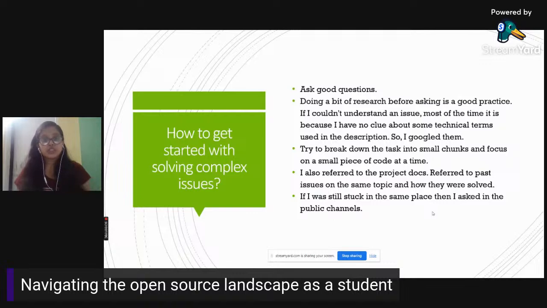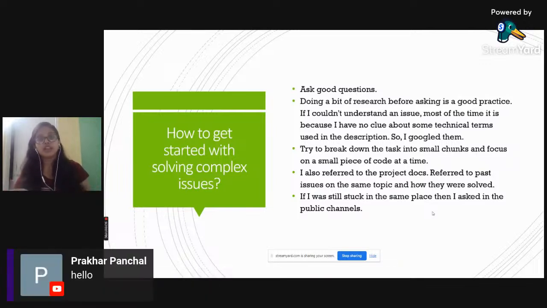And also ask good questions. By asking good questions, I mean giving details. If you're just saying in the public channel that I'm not able to set up the project, it's very difficult for someone to help you out. Rather, if you say that I have followed these steps, these are the errors that I am facing, this is my operating system, and you give sufficient details, then there is a higher chance that someone will be able to help you out.